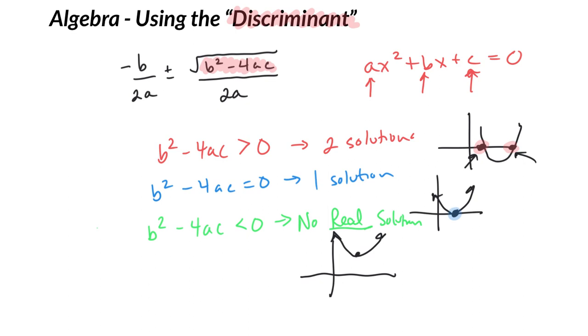If b squared minus 4ac, that discriminant, is less than 0, I can't take the square root of a negative number and get real answers. That means that there are no real solutions. We never hit the axis, okay? So that's the use of a discriminant. It gives us a very quick way to know, are we going to get answers or not? And again, discriminant just means the part under the square root.